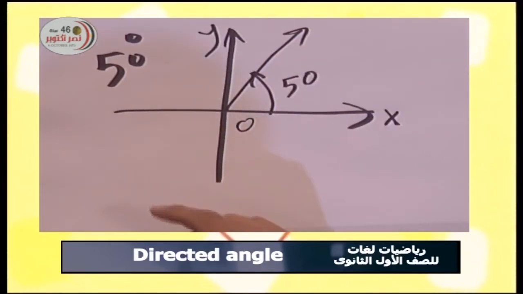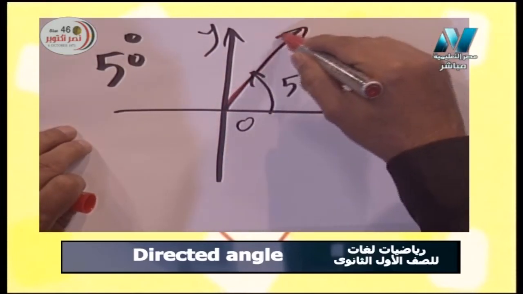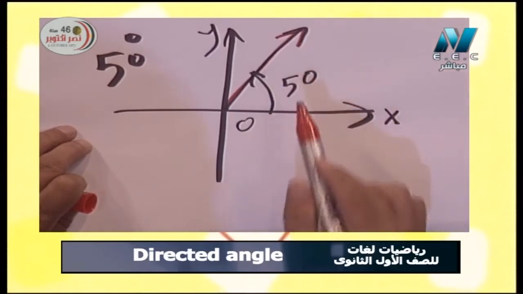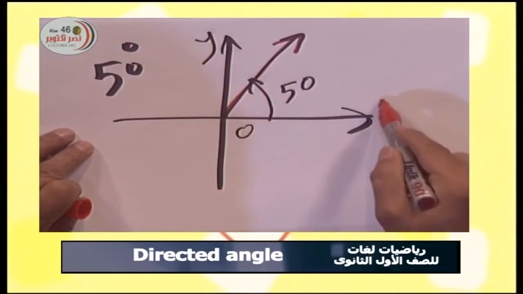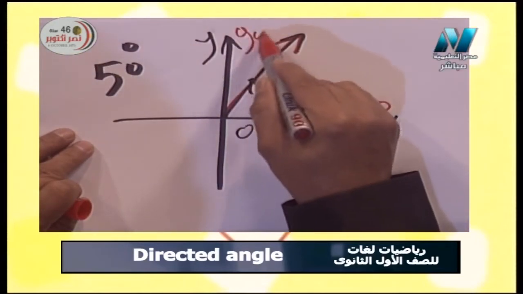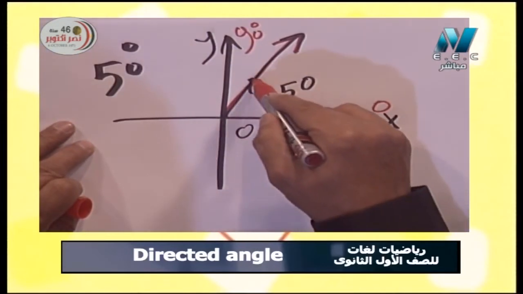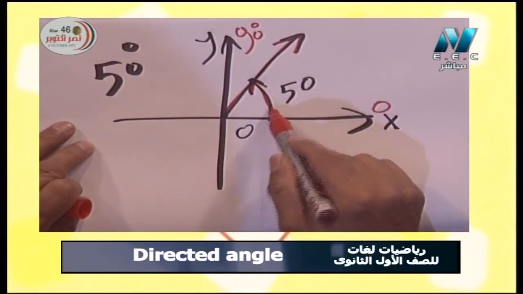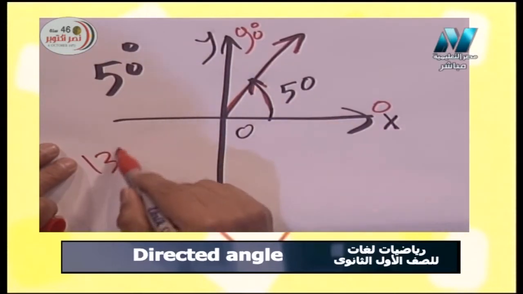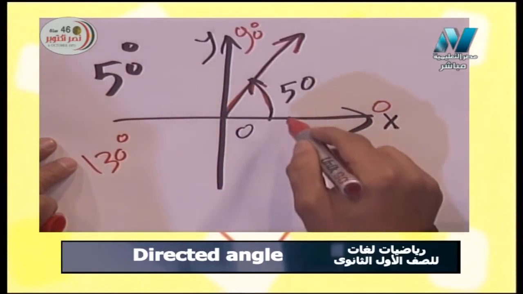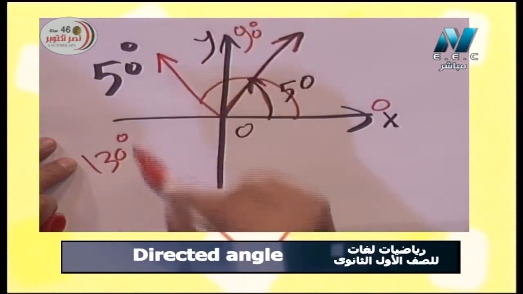Where does the terminal side lie? It lies in the first quadrant, because the first quadrant includes angles between 0 and 90 degrees. So 50 lies in the first quadrant, but 130 degrees will lie in the second quadrant.